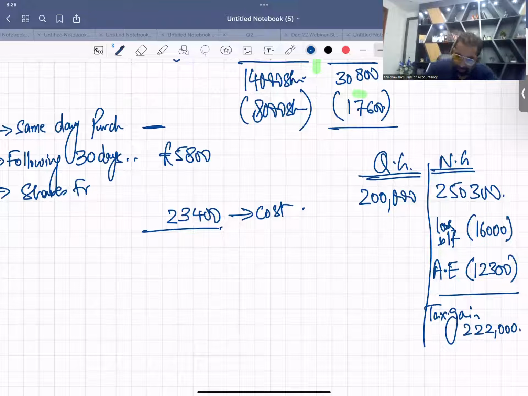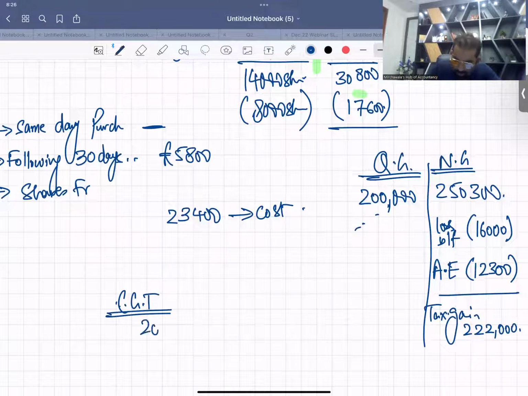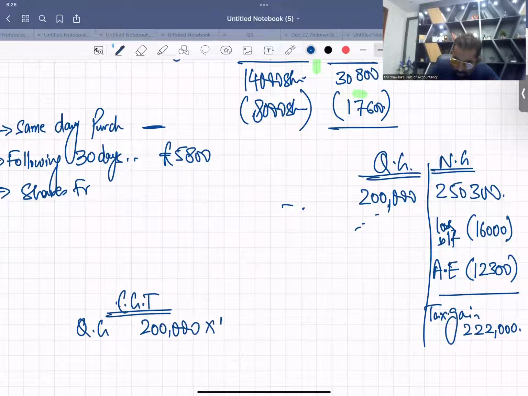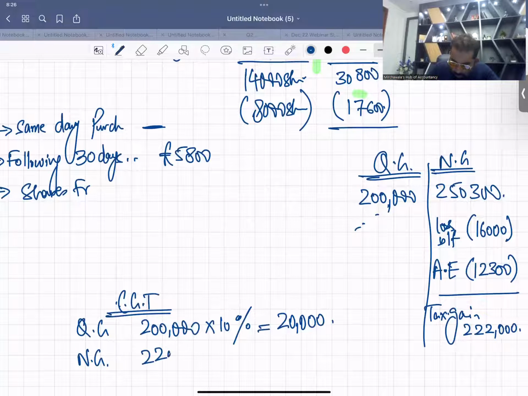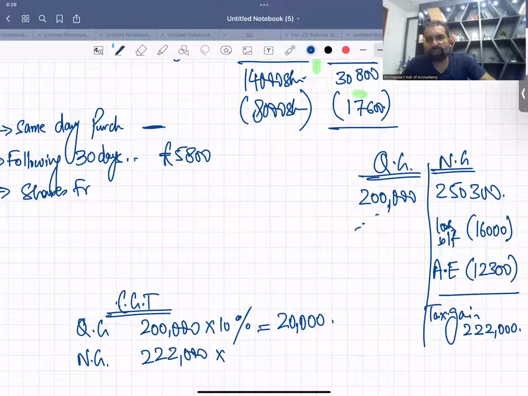Now let's apply the tax rate for CGT. For this 200,000, which is basically QG, a flat tax rate of 10% applies. And for NG, it's 222,000 less 200,000. Tell me, for NG, the rate should be 20%.